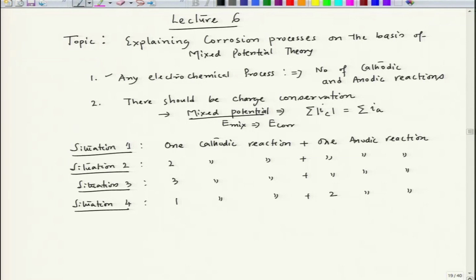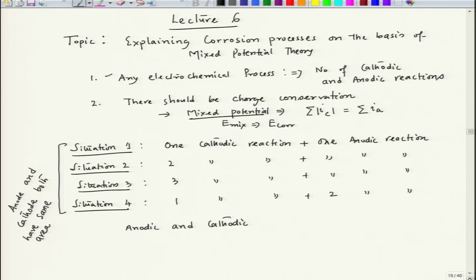While we consider these four situations, we are going to assume that anode and cathode both have the same area. But we can have one more situation where anodic and cathodic area could be different.